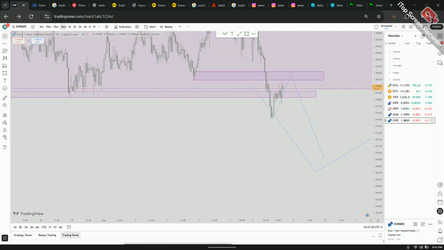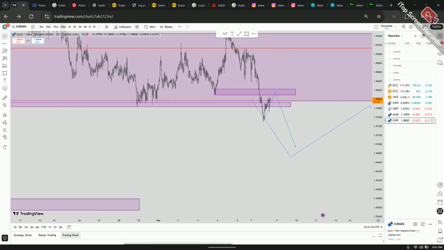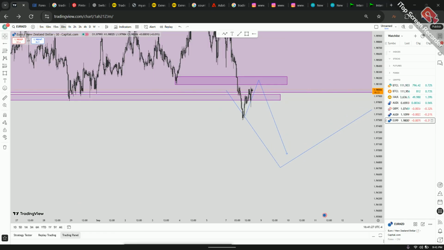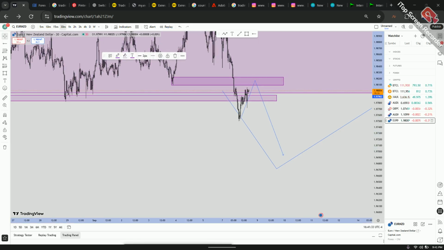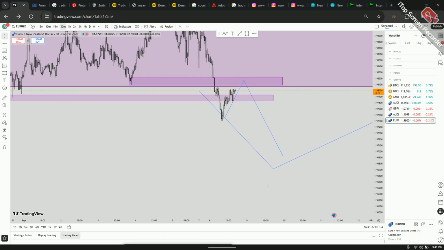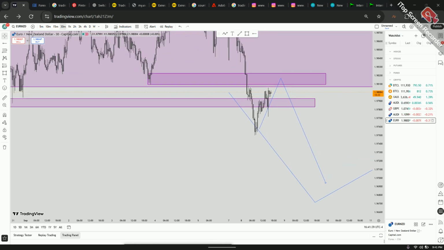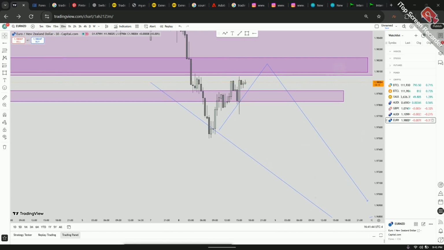I'll go to the 30 minutes time frame and see what's happening. Same thing here. If market comes to this zone and gives me candlestick confirmation, a clear bearish candlestick confirmation, I'll sell all the way from here. Every time I keep saying that I'm going to send the candlestick PDF to you guys.